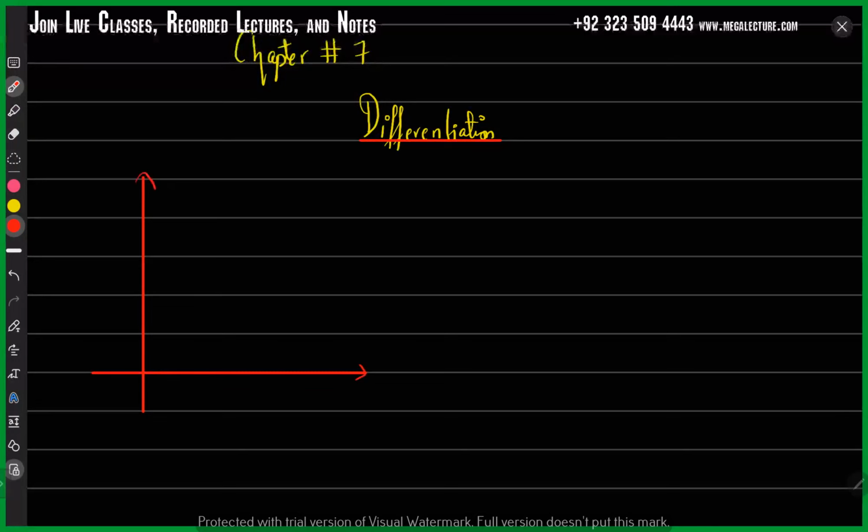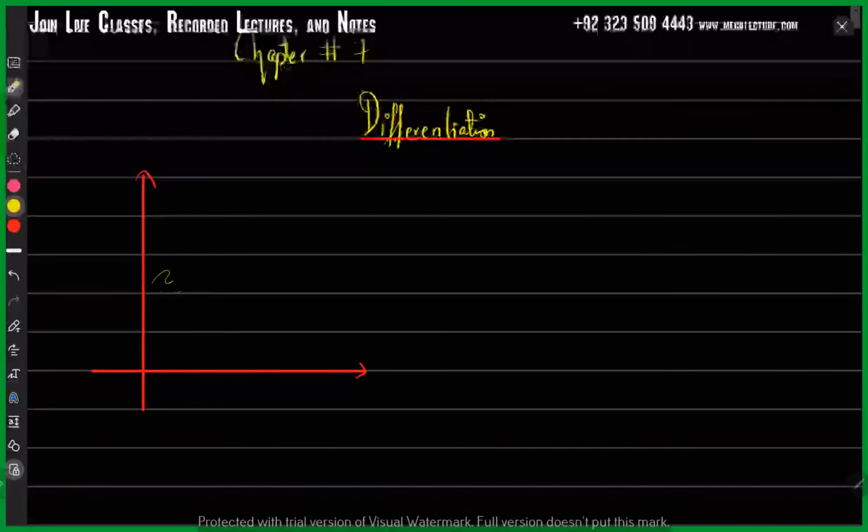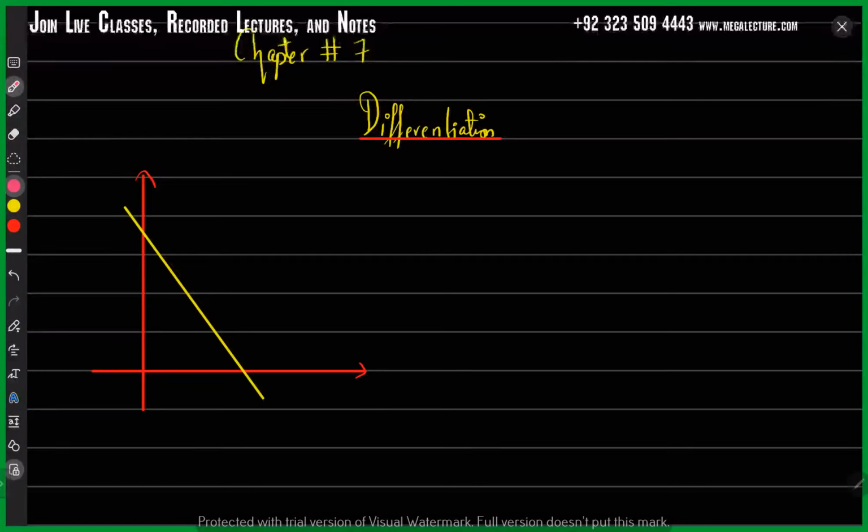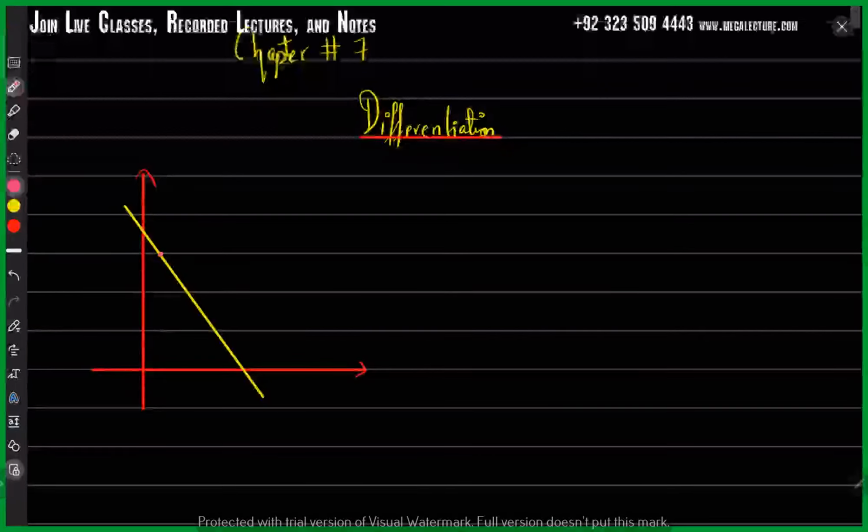Okay. For example, let's say I have this line. Now, if I was asked to find the gradient of this line, I would have picked any 2 points lying on the line randomly, and I would have used this formula m equals y2 minus y1 divided by x2 minus x1, right?